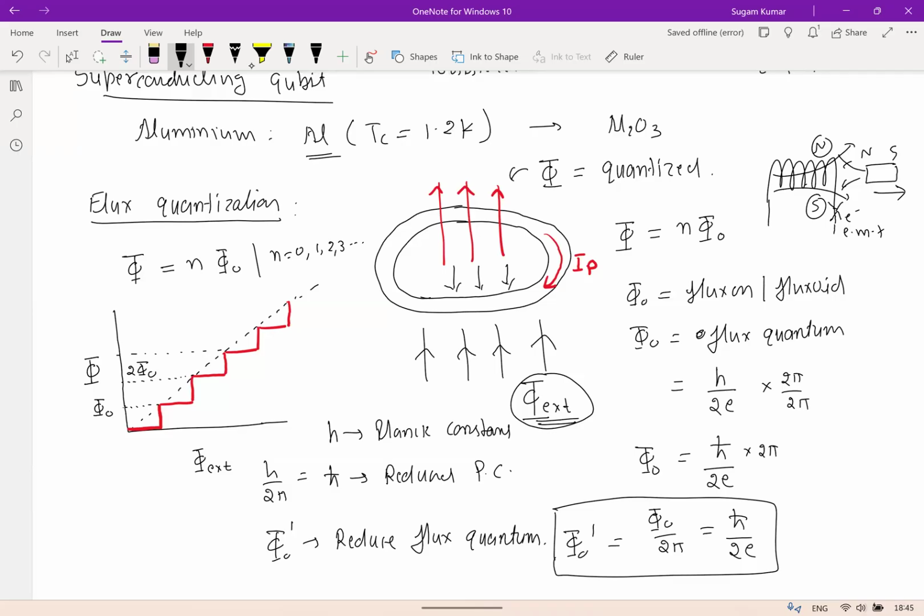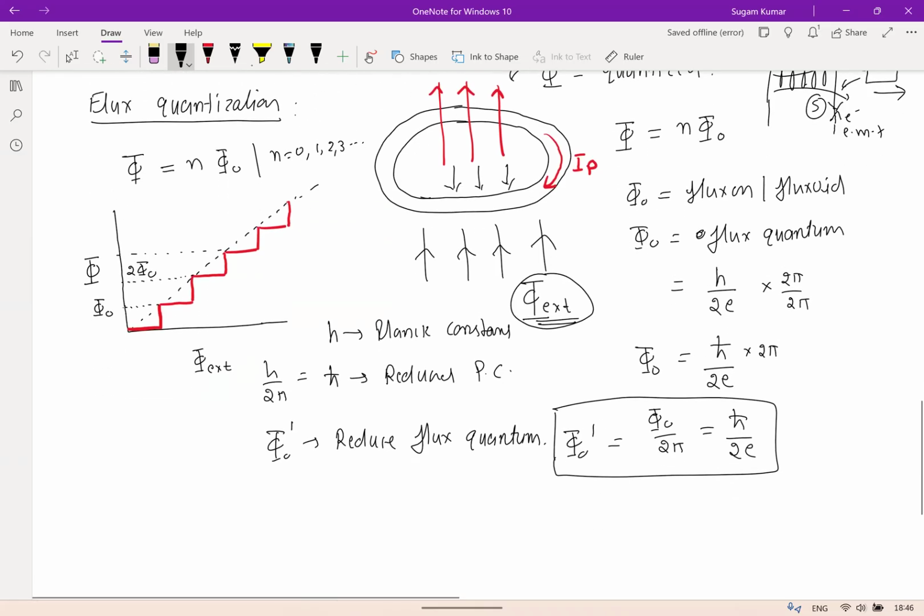But of course, this current cannot exceed the critical current, and beyond that, it will again reset. Okay, and this is the reason that the flux will again increase in a stepwise manner. So I will avoid going deep into this study, because then we will deviate from our major task. But this is one concept, what is called flux quantization in superconductivity, very important for us to understand here. All right, clear this part?